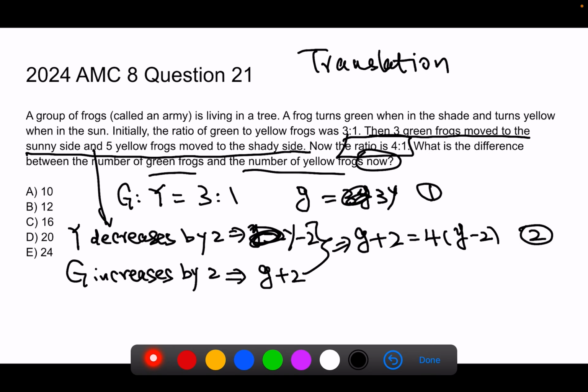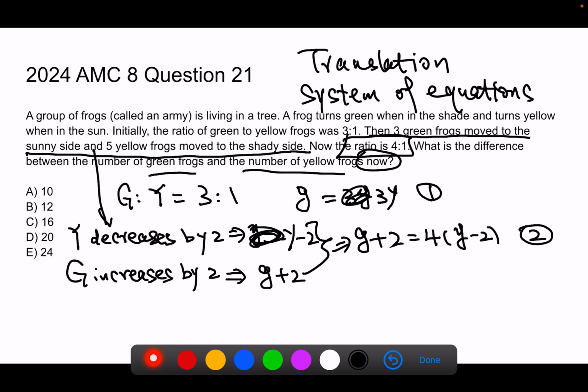Two variables, G and Y, two equations. You are good to solve for it. How do we solve a system of equations? A key to solving a system of equations is to try to cancel some variable. Your goal is to turn a system of two equations, two variables, into an equation for one variable.